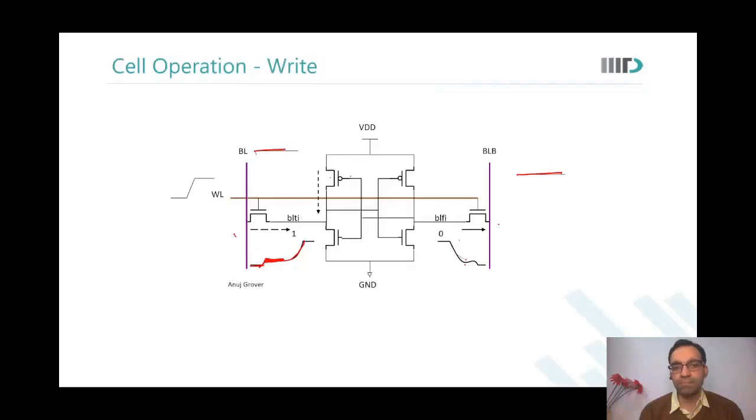Okay. Any questions on the write operation? So the bitline is discharging. Bitline is also discharging. So we discharge the bitline through that write driver. The side where we wanted to write a 0, we discharged it through the write driver.